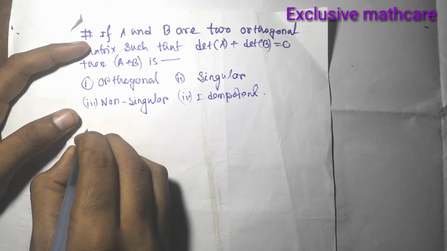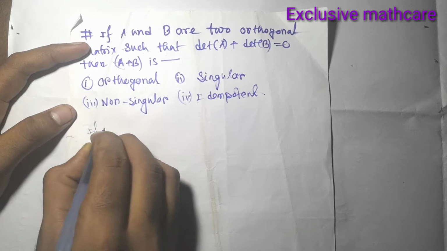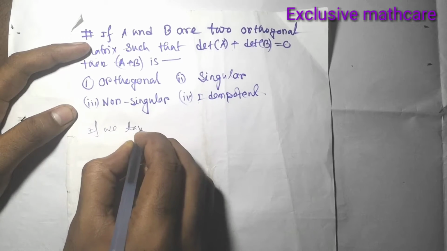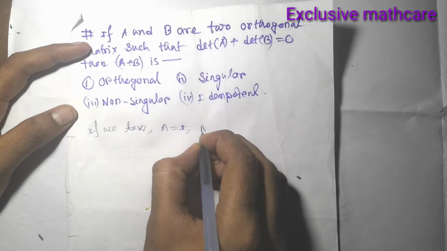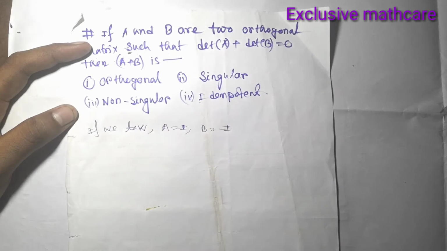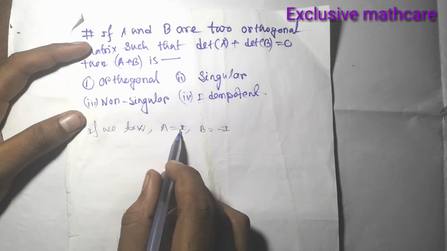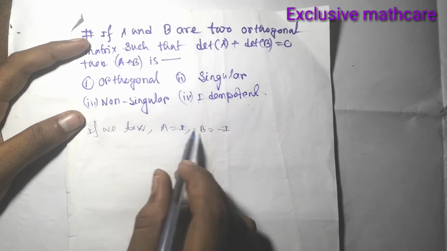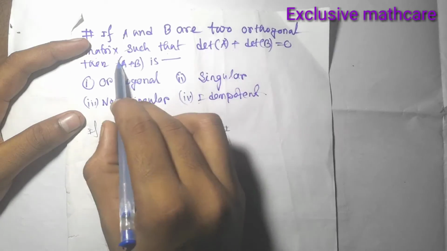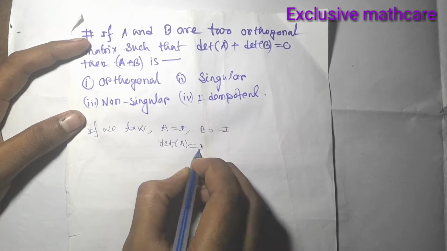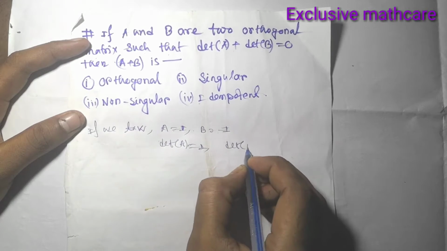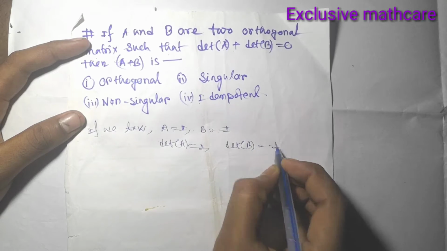If we take A equal to I and B equal to minus I, then these two matrices are orthogonal, and det of A equals 1 and det of B equals minus 1.